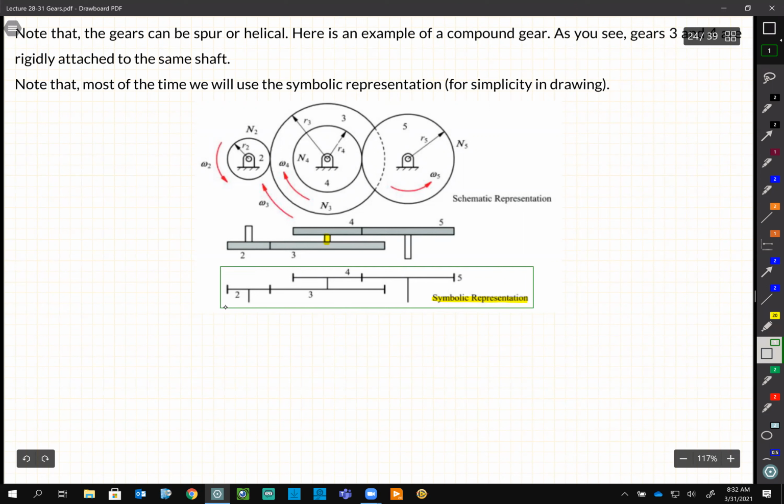For each gear, rather than showing the whole cross section, like it's been shown here, what people do is just draw a line for each gear, and then perpendicular to that, 2 lines to show that it is a gear. And then this is the shaft.